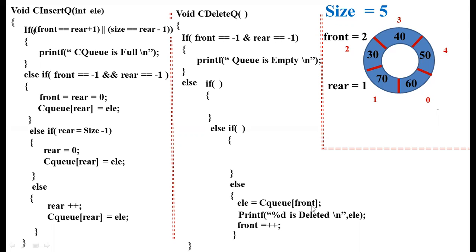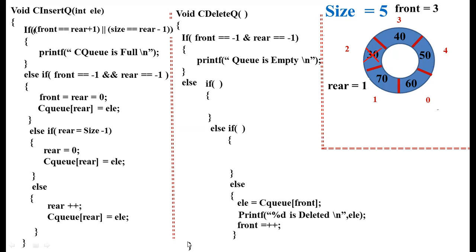What is front? Front value is 2. So now 30 will be stored in the variable element. So 30 is deleted. Then we need to go for front plus plus here. 30 is getting deleted, and the front value changes to this value. Front is equal to 3.